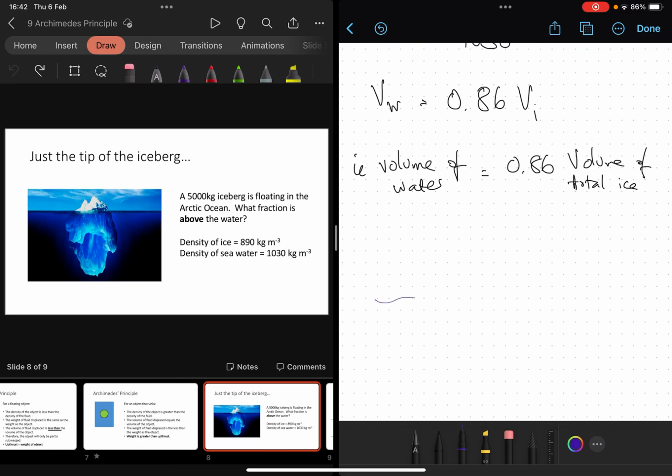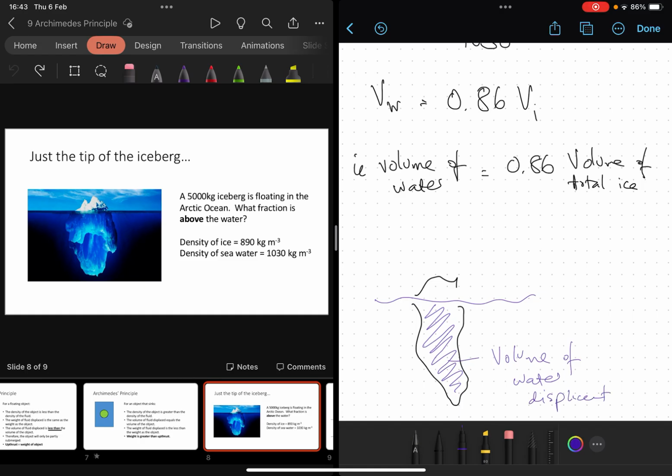Okay, so if I draw this, there's the water, there's the iceberg above, there's the iceberg below. Okay, in purple, that is the volume of water that I displace. Okay, that is equal to the bit of ice that's underneath the water. The total amount of ice is all of that, the bit that is both above and also below.